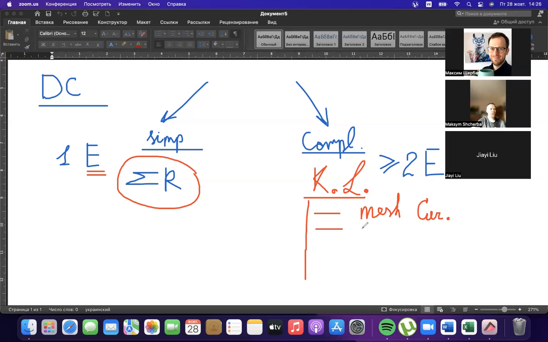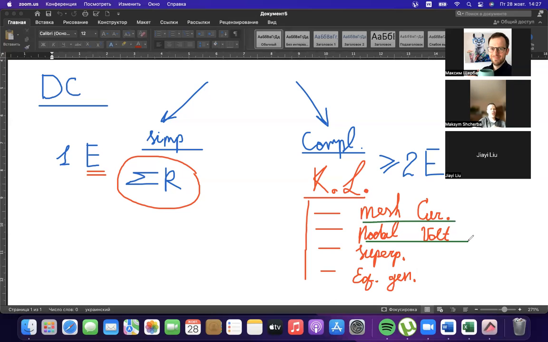It could be the so-called nodal voltage calculation. Also, it could be the superposition method. And also, it could be the so-called equivalent generator method.